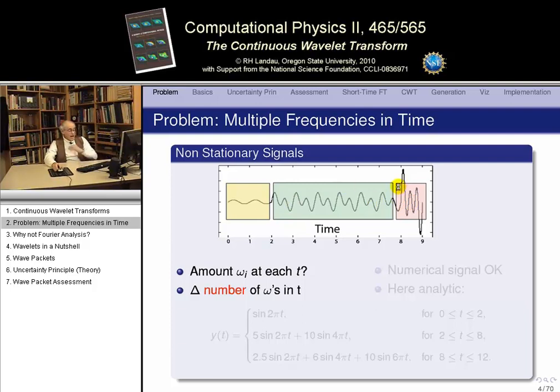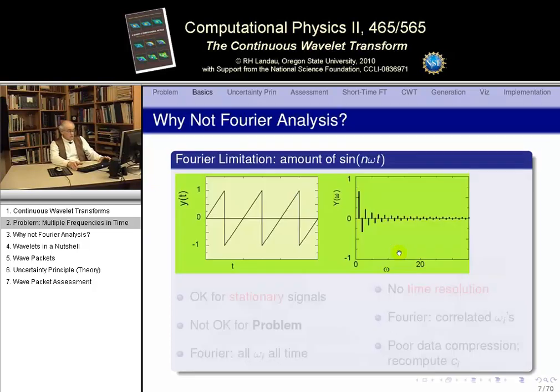So how do we do this? Well, we'll show you here an analysis which works perfectly well with numerical signals, and you can do that if you want, but actually I made this up with an analytic signal, and it's the functional form given here.